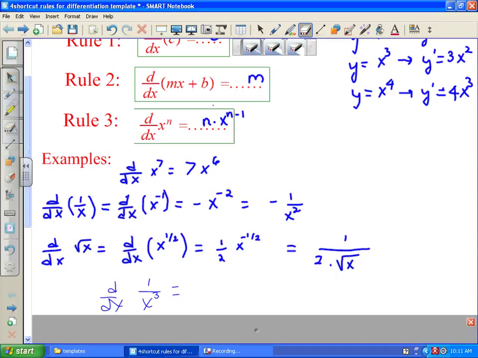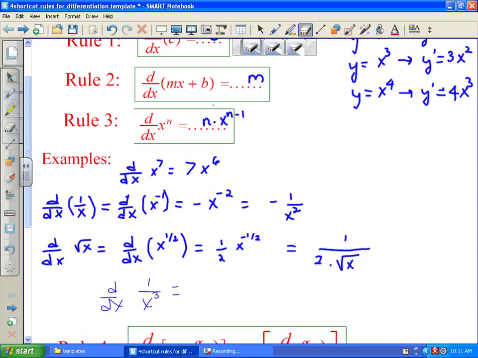How about the derivative of 1 over x to the third power? The derivative of 1 over x to the third. So once again, let me give you a moment. Rewrite and then apply the power rule, please.